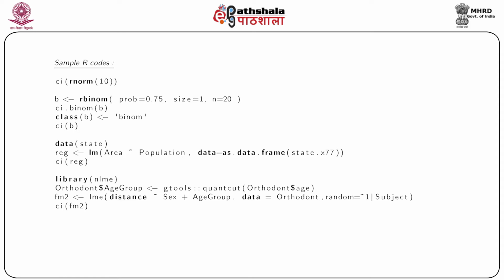The fm2 function is defined as the lme where we are regressing distance on sex and age group based on the dataset orthodont, and we are taking random as the intercept. So the ci, the confidence interval for the fm2 function, can also be obtained by just mentioning the ci function and within brackets we write the name of the regression function or the linear model estimate function, fm2.